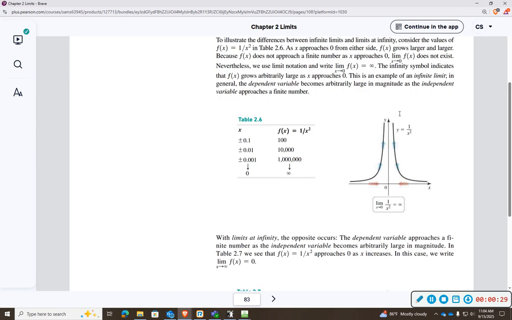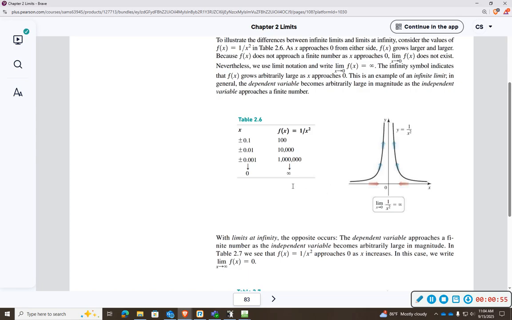It doesn't exist, so we don't have a value, so we say it approaches infinity, or the y value goes to infinity, the f of x goes to infinity as x goes towards 0. And on the other hand, if we were going the opposite direction, we could say as x goes to negative infinity, or as x goes to positive infinity, the y value would be approaching 0.